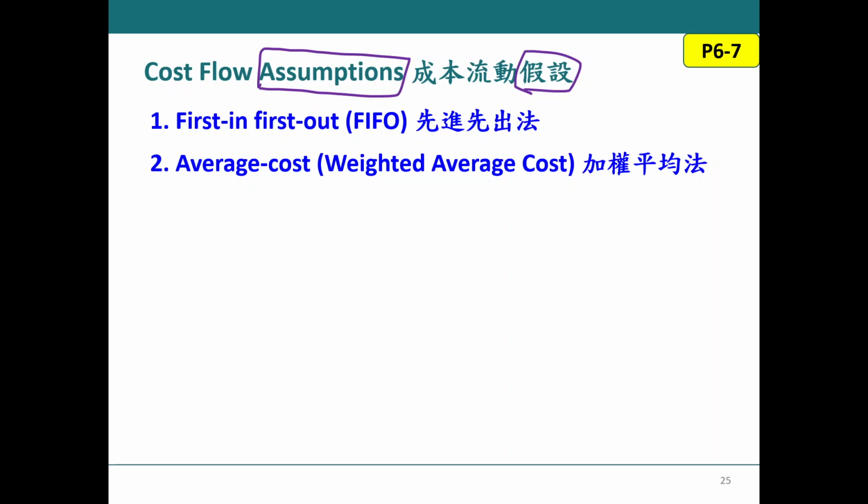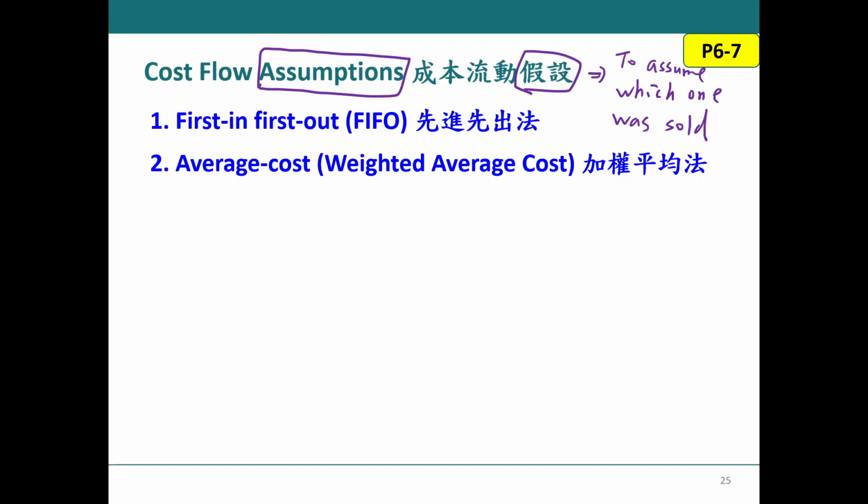We use it to assume which one was sold. So 2 methods, 2 assumptions. We make different kinds of assumptions.